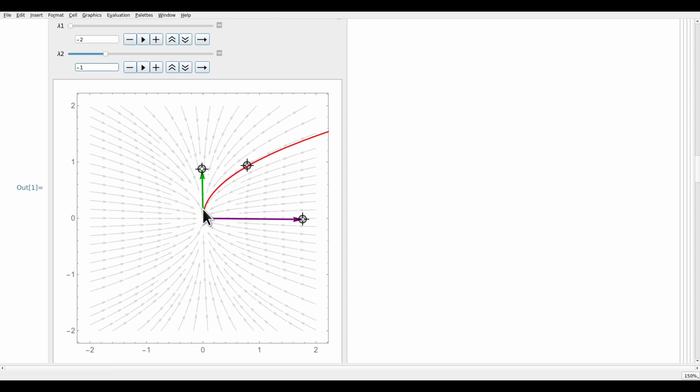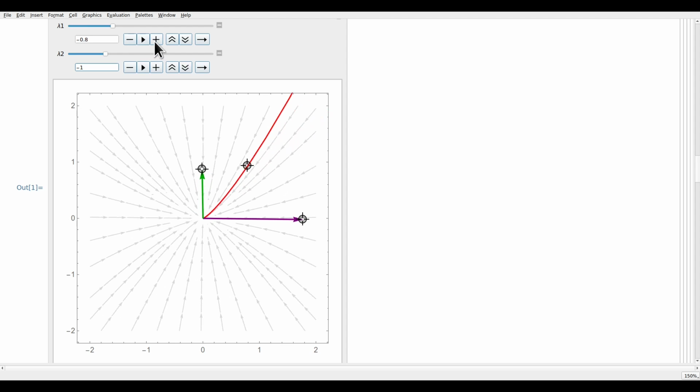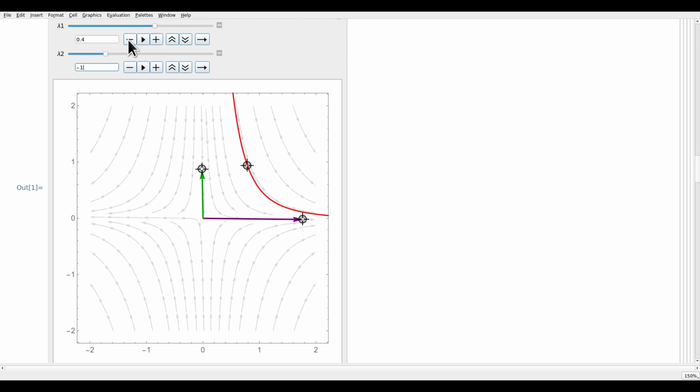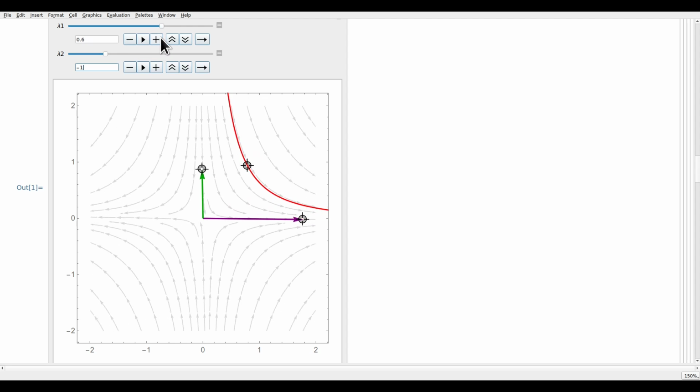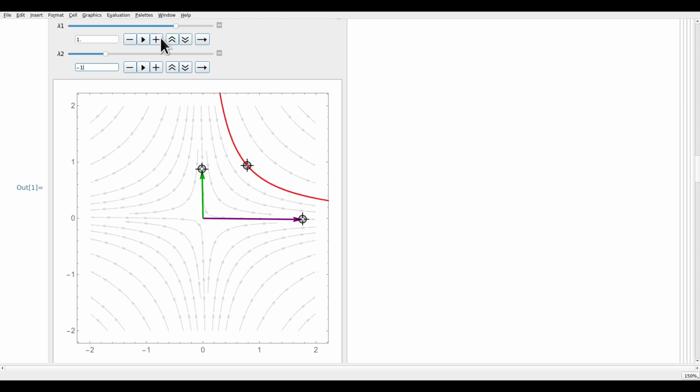Okay, so what happens if I go up here and, oops, I overshot. Now I have one positive eigenvalue and one negative eigenvalue.